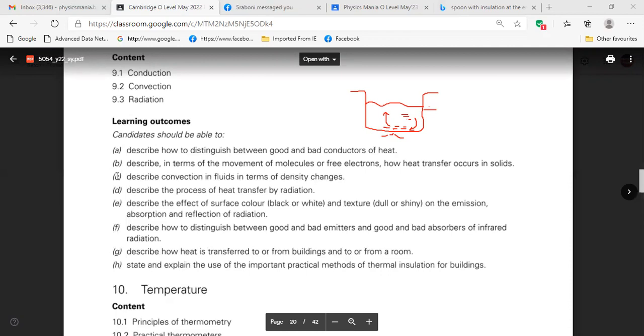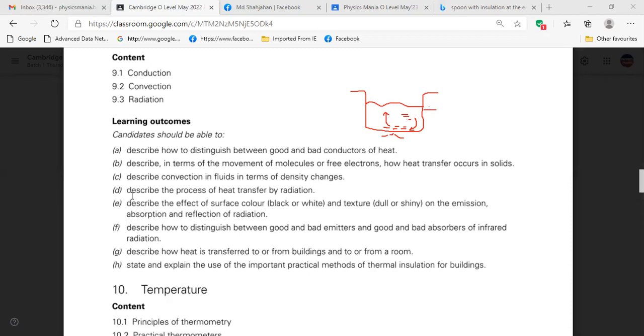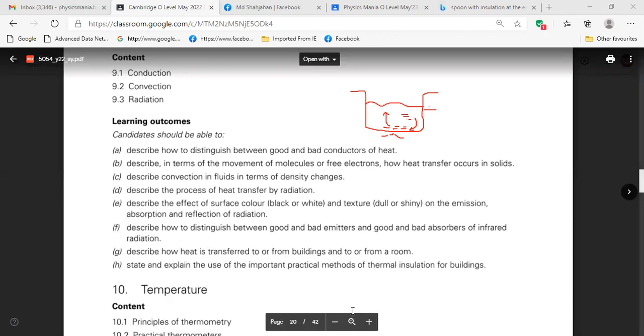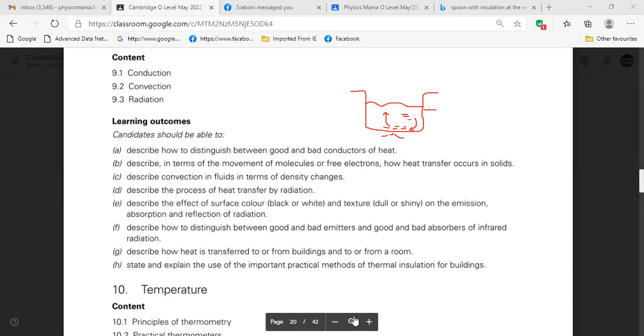We'll write everything. Now learning outcome D, the third process. We discussed two processes of heat transfer: one is conduction, another is convection, and now the third one is radiation. In our daily life, we have one experience every day.